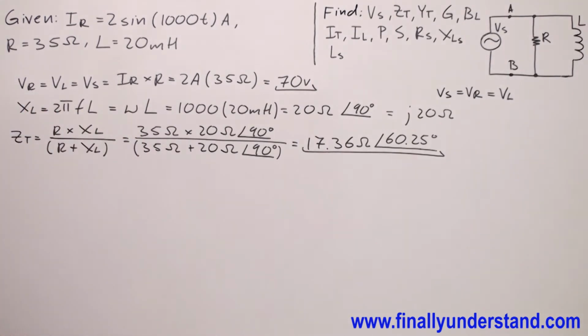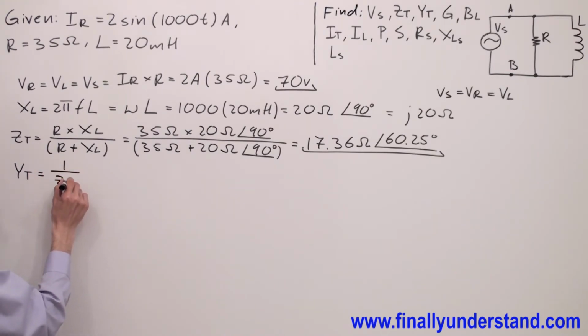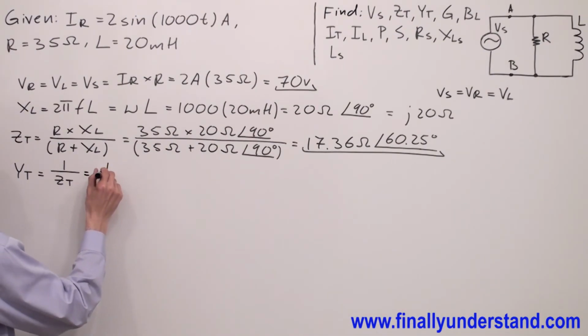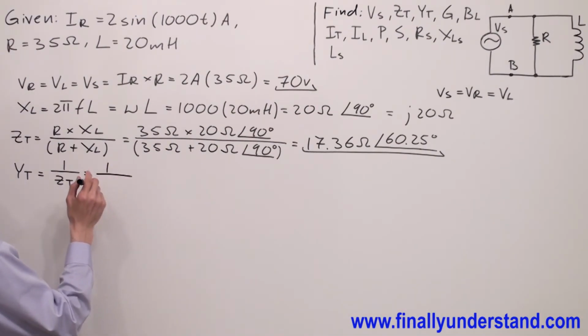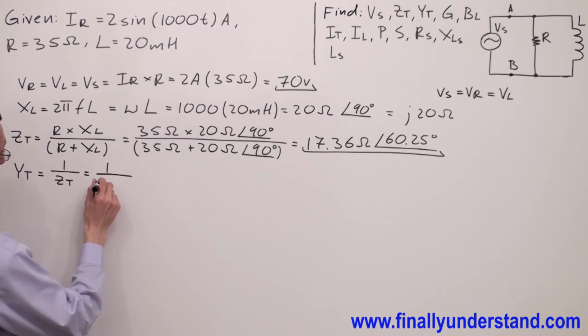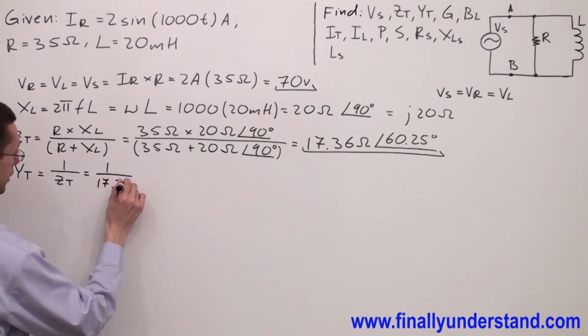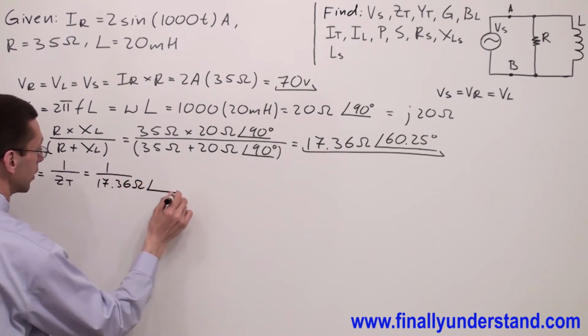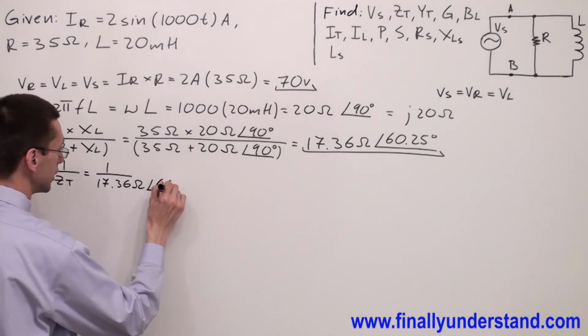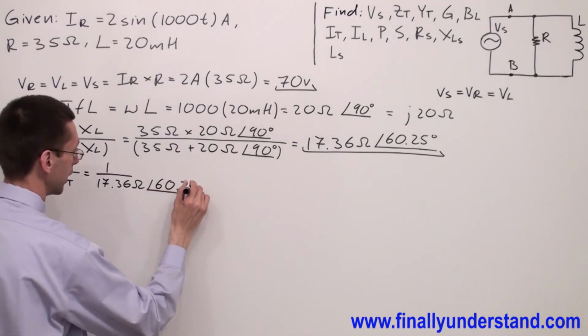Next, I'm supposed to find Y total, the total admittance. Total admittance is the reciprocal of the total impedance. So Y total is 1 over Z total. This is equal to 1 divided by Z total, 17.36 ohms and angle of 60.25 degrees.